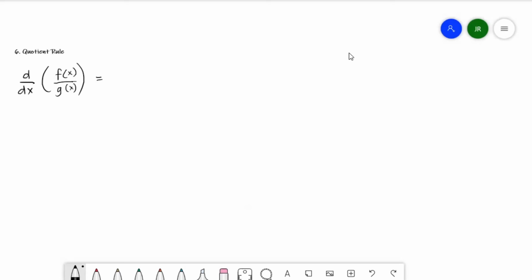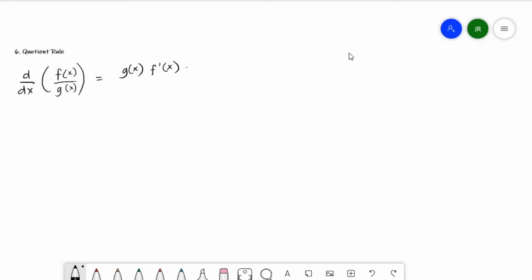Kunin mo yung denominator, which is g of x, tapos imumultiply mo sa derivative ng numerator, which is f of x. Okay, again, denominator, which is g of x, multiply by the derivative of our numerator, f of x. So, f prime of x. May prime, ibig sabihin, you need to get the derivative.